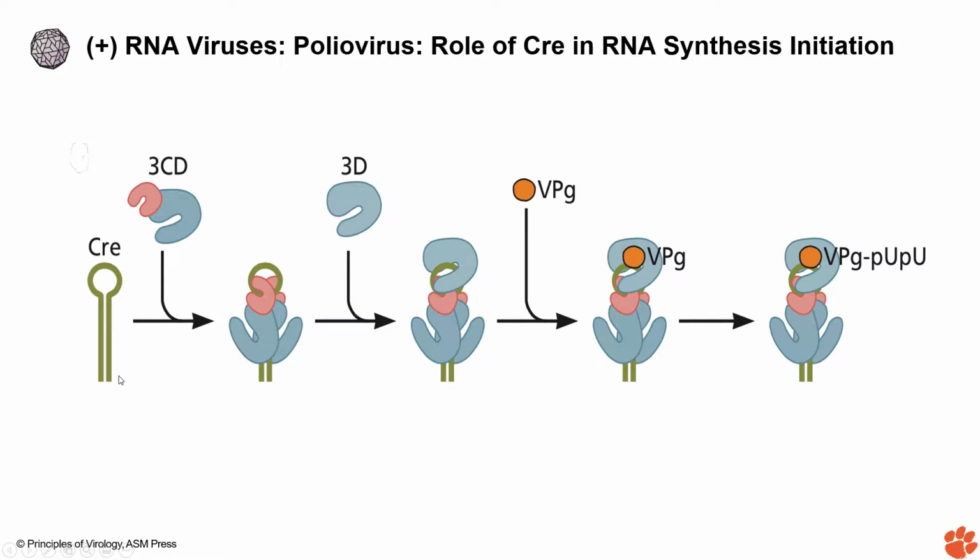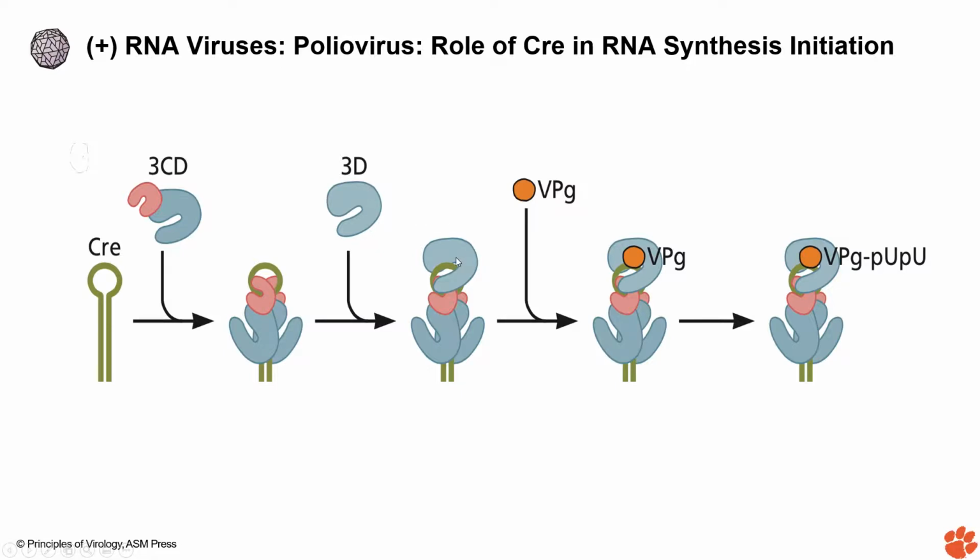So on a Cre element, and we're going to see that Cre element, there are two of these 3CD molecules. Remember that it is a 3C and the D, 3D pol, attached together, 3CD pro. Two of them actually attach by complementation binding onto a Cre element, and they melt part of this stem. Then what happens?